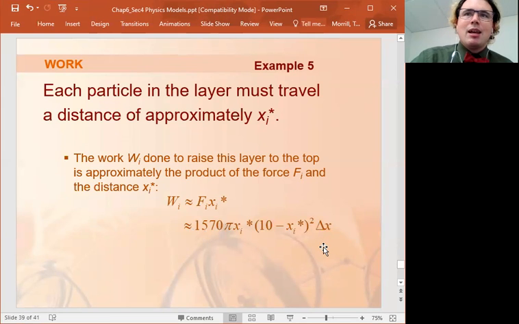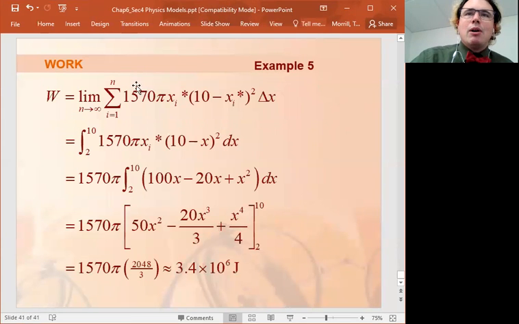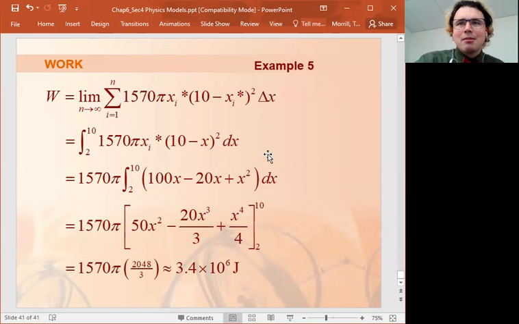And we're going to add all of those pieces of work up for a finite number of slices. That would be just an approximation, but in the limit, this becomes an integral. So my work integral, my integrand, is telling me the amount of work used to move an infinitesimal slice of the water, I should say.